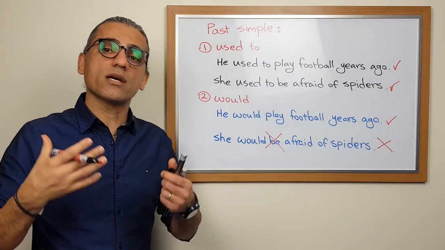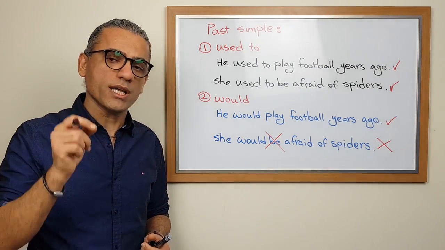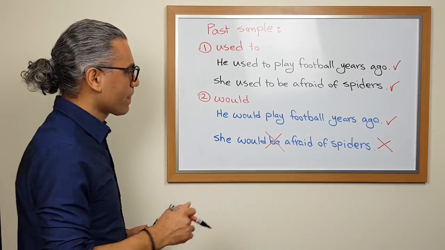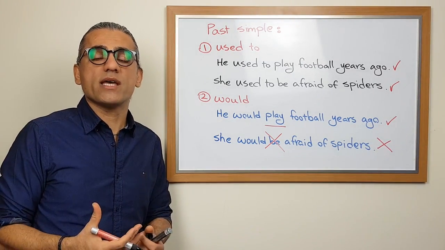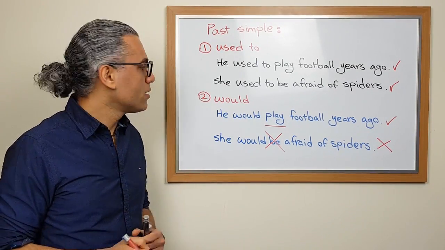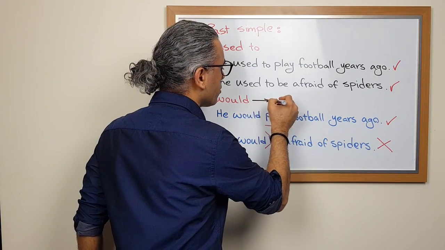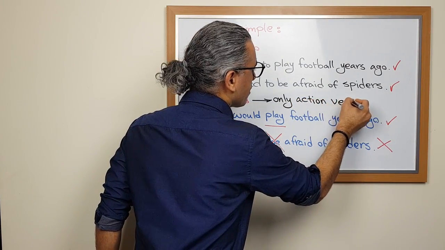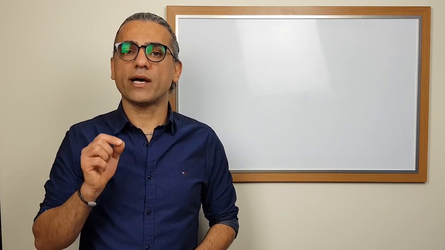Remember, we are talking about the context of describing habitual actions in the past. When you use would in this context, it means we cannot use a non-action verb. Play is an action verb, so it means the same when you say he would play, or he used to play, or he played. Past simple. So, would only action verbs.